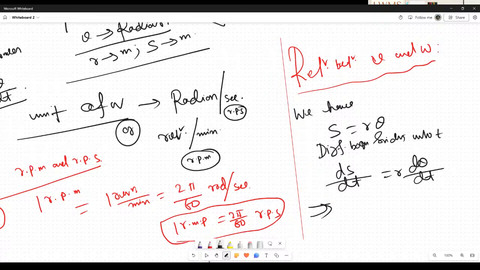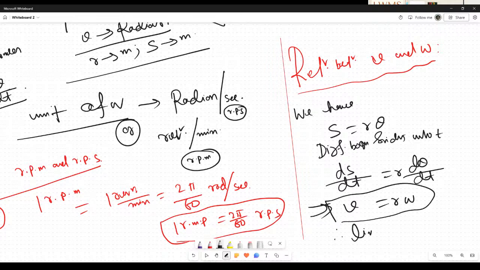What is ds by dt here? V. And d theta by dt is omega. So therefore, linear velocity equal to r into angular velocity. Clear? So V equal to r omega.